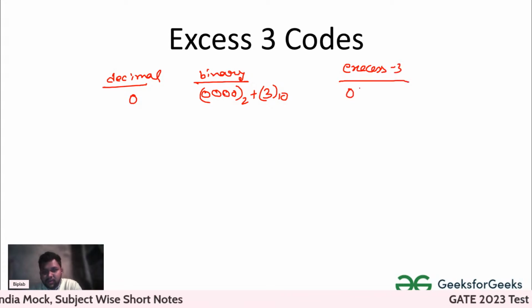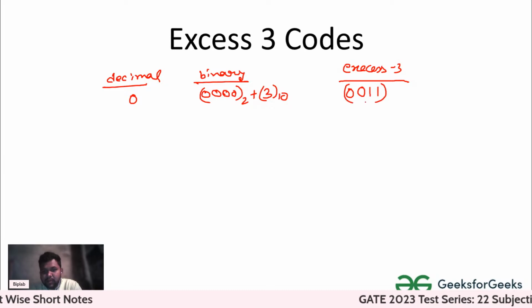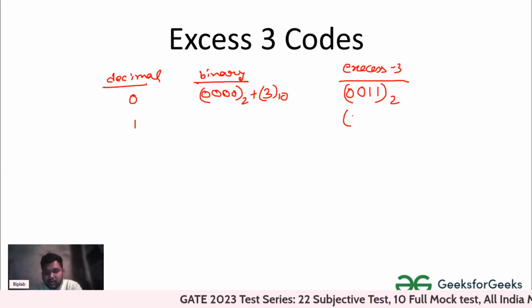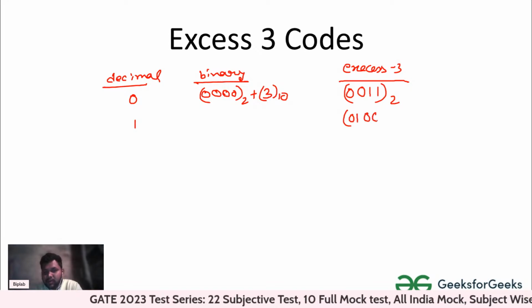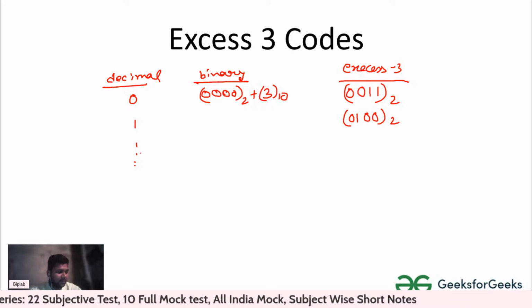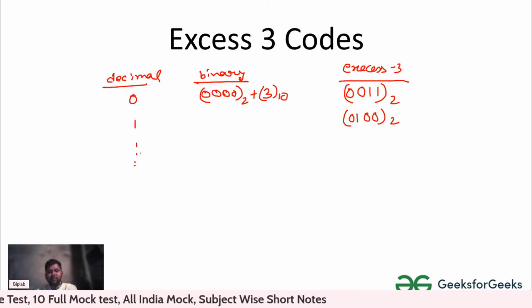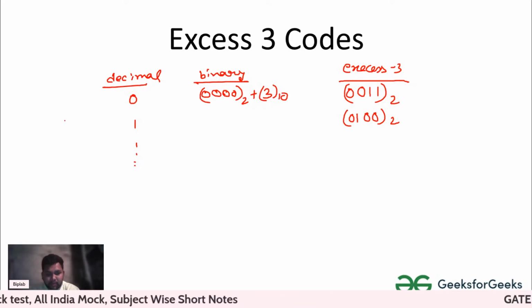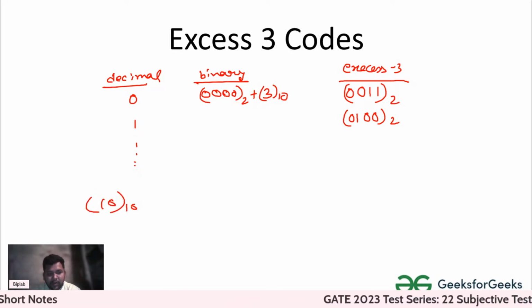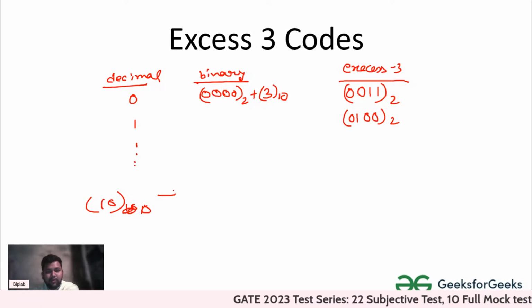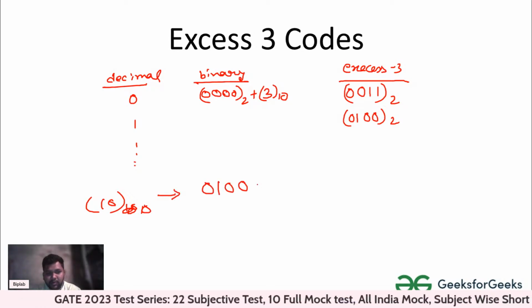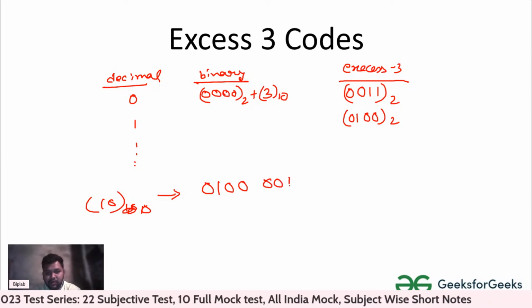Which is 0011 base 2. For 1 it is 0100 base 2. Like this you will have your numbers. The same way, if any number comes, like 10 base 10, to convert it into excess 3, you will write 0100 0011, and for 5 it is 1000.